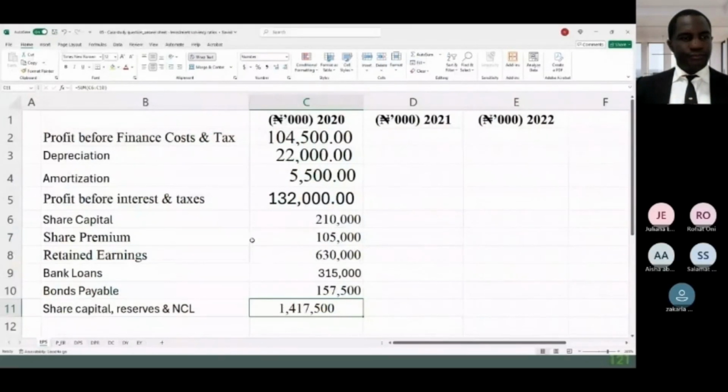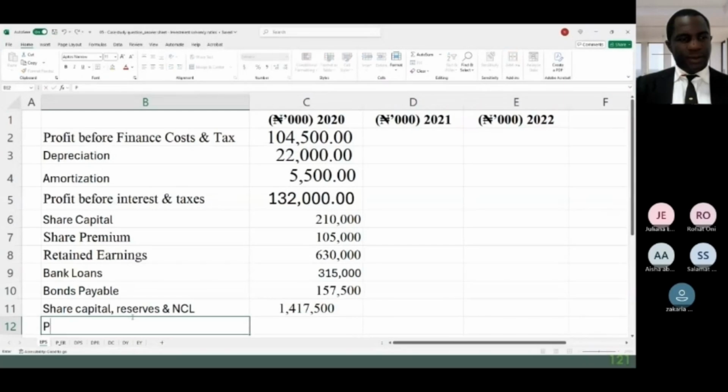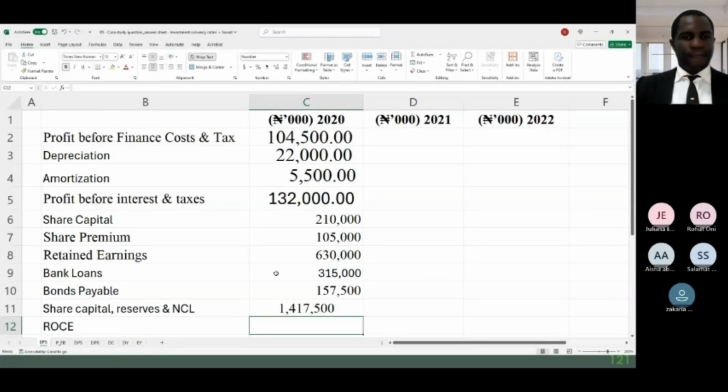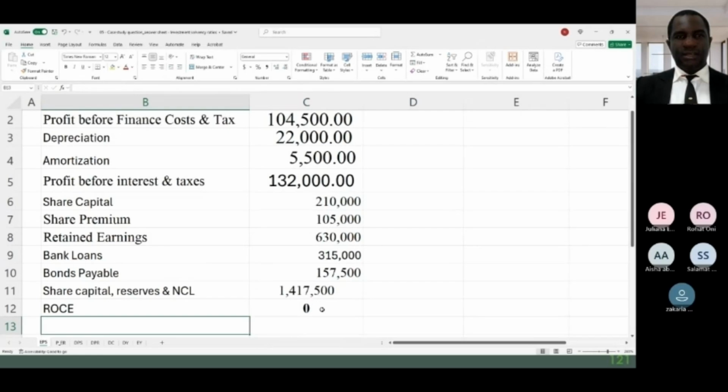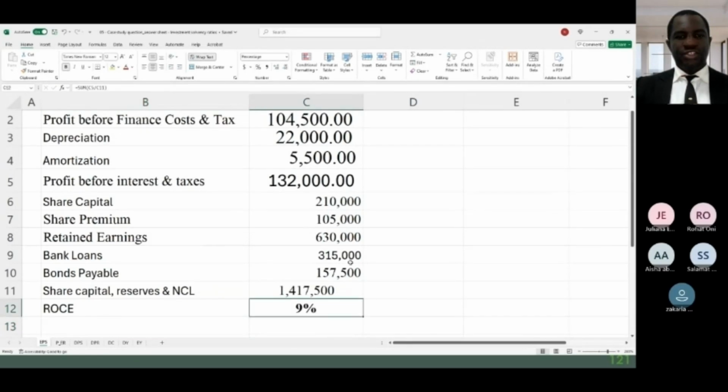All right. So let's calculate our return on capital employed. We have our profit before interest and taxes divided by our share capital, reserves, and non-current liabilities, and we have the percentage as 9%.